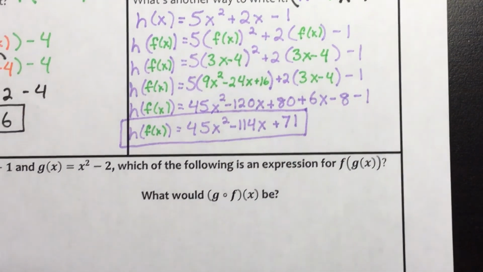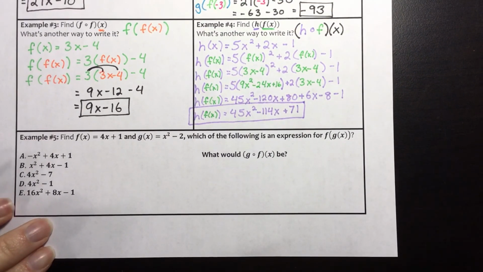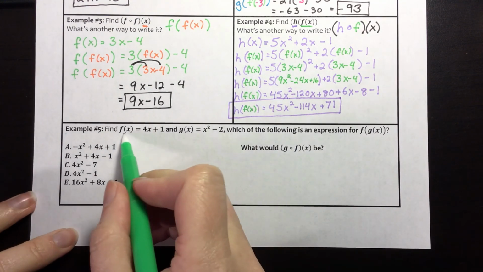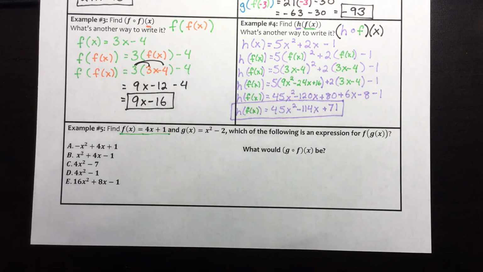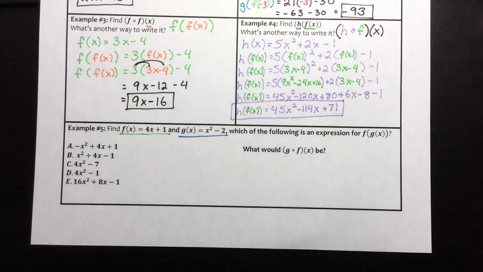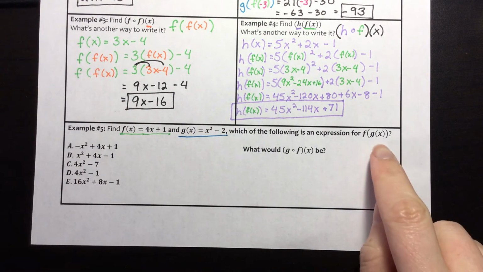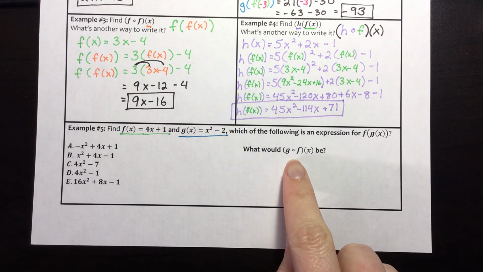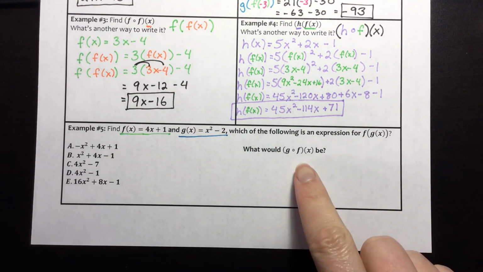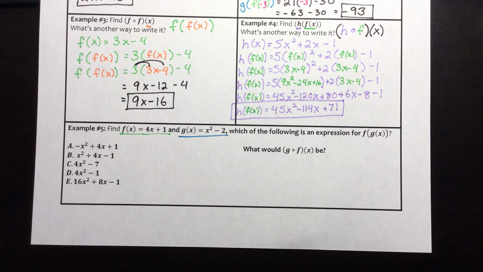All right, number 5 is a couple of different questions. It tells us that f of x is 4x plus 1, and g of x is x squared minus 2. Which of the following is an expression for f of g of x? And then what would g of f of x be? So we saw in examples 1 and 2 that f of g of x and g of f of x do not give us the same thing.